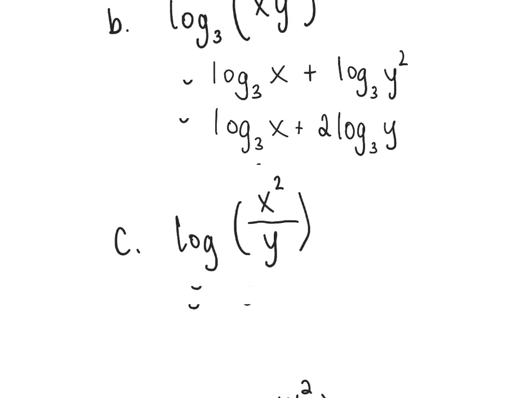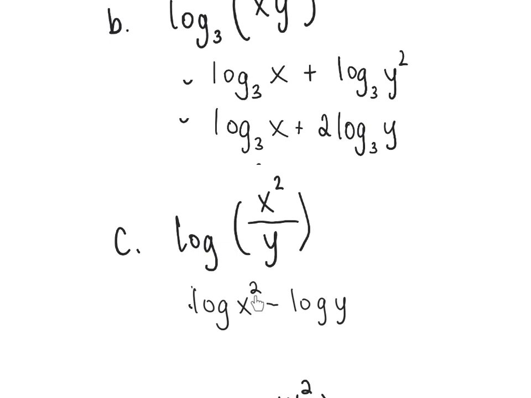Okay, part C. Here we have a quotient, and so we can apply the quotient property and expand this into two logarithms or two logarithmic expressions using subtraction. So what we'll see here is log, and there's no base written because this is a common log, log base 10, so it's log of x squared minus log of y.